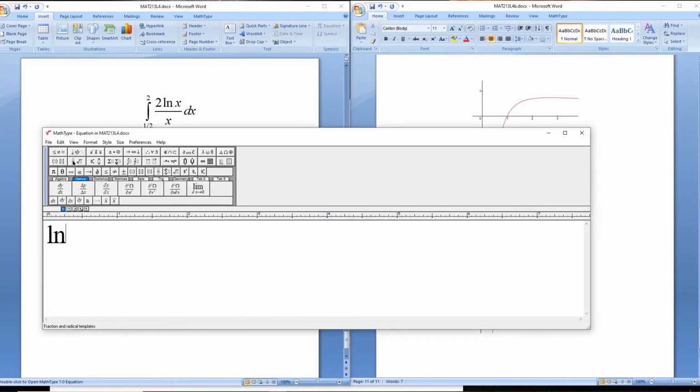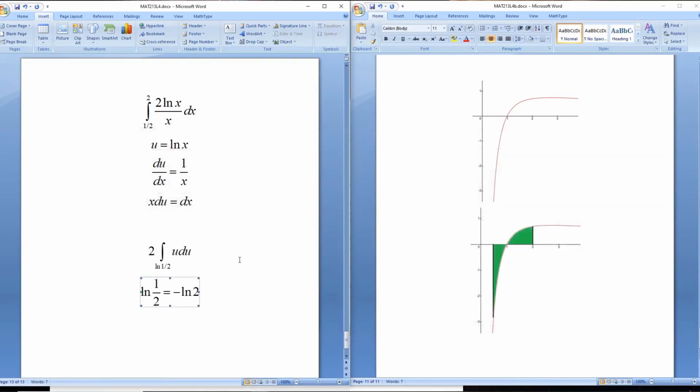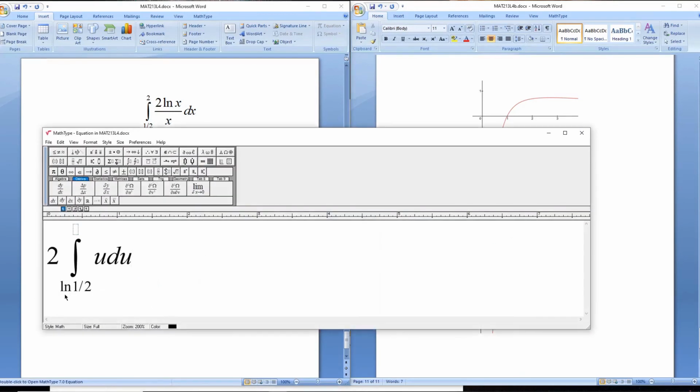Log of a half, if you recall your log properties, we can write this as log 1 minus log 2. That's from log properties, and log 1 is always 0. And so log of a half is minus log 2.